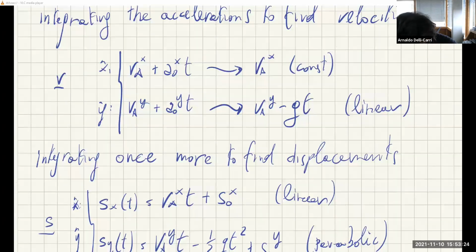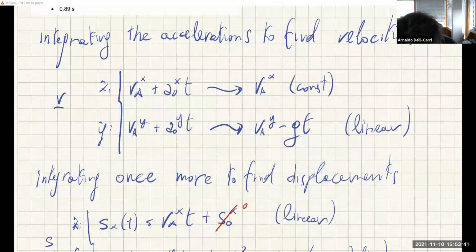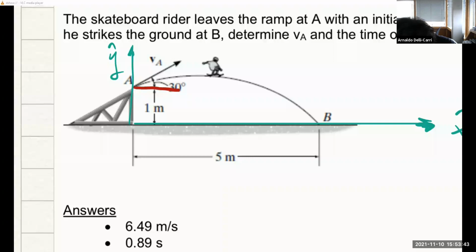So this one is 0, but this one is 1 meter. So we know that VAX and VAY are these components here. So this is VAX, and this one VAY.